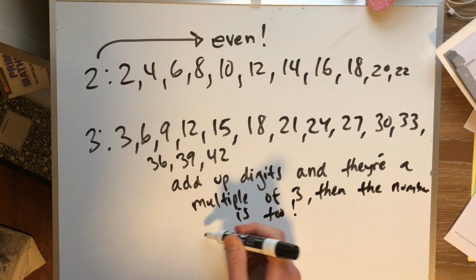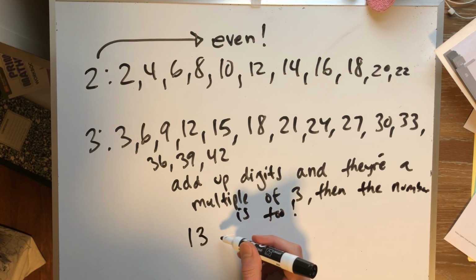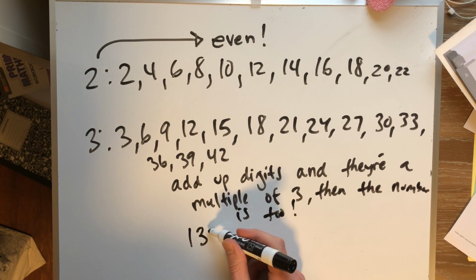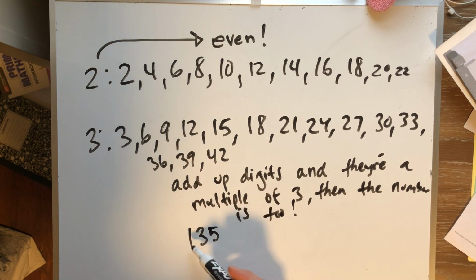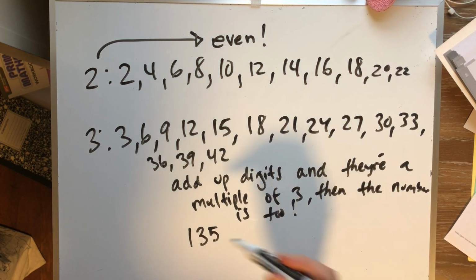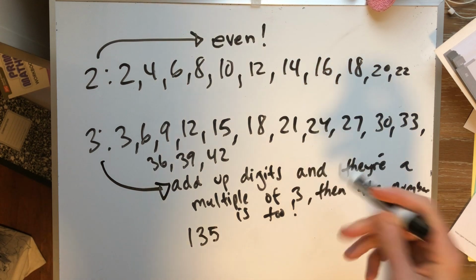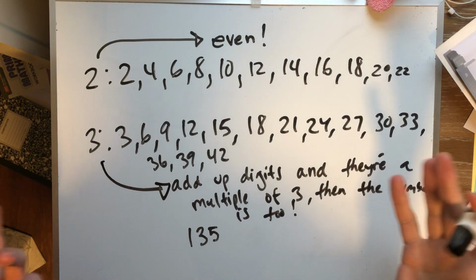So if I had a big number like 135, well, let's see. 1 plus 3 is 4. 4 plus 5 is 9. Multiple of 3. I know 3 goes in there. So that's with your 3s. Look at when you add them up, is it a multiple of 3?